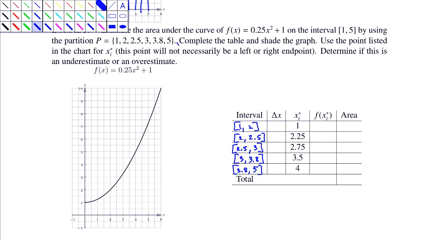This is not a regular partition. So the delta x will change for each interval possibly. So what is delta x for the first interval? 1, second, 0.5, 0.5, 0.8, and then 1.2.